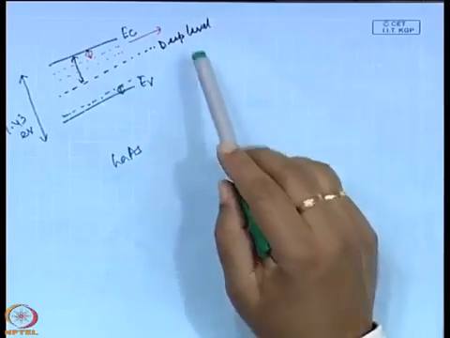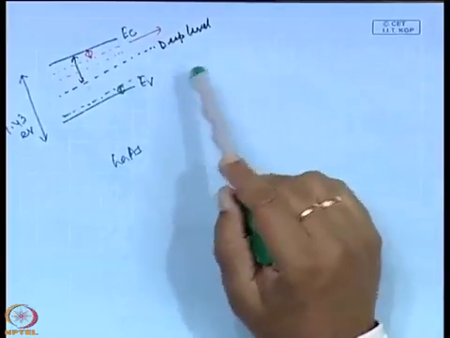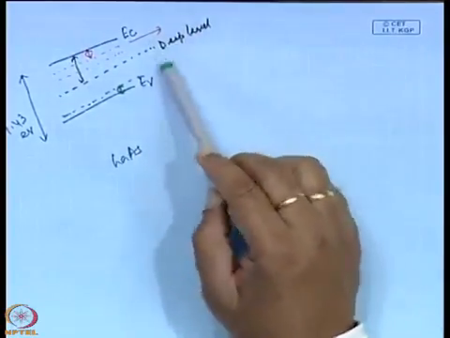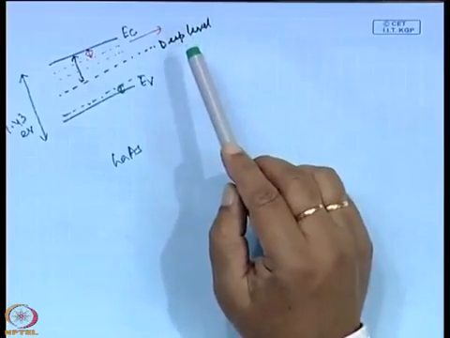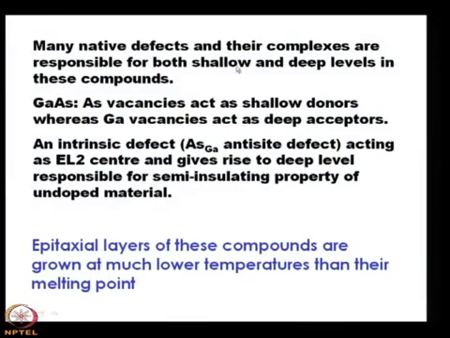So, that is why we do not invite this deep level to be there inside the band gap, and this is detrimental for the operation of the optoelectronic device. And these shallow or deep levels can be due to the native defects or their complexes.